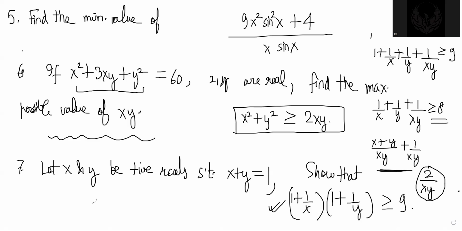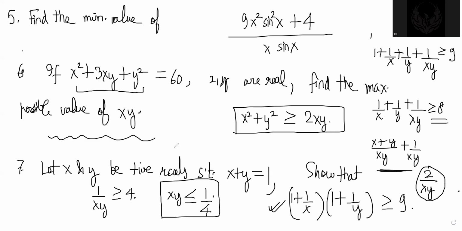So technically we need to show 1 by xy is greater than or equal to 4. Both x and y are positive, so we can say xy is less than or equal to 1 by 4.